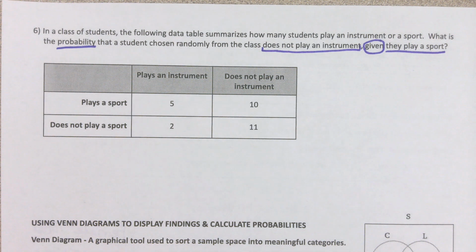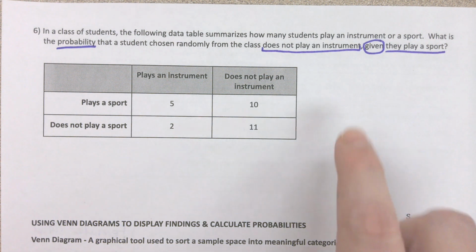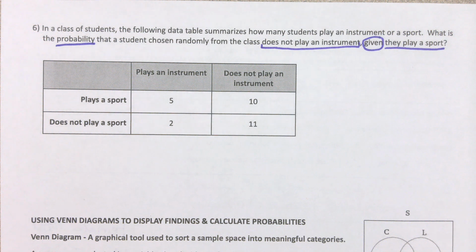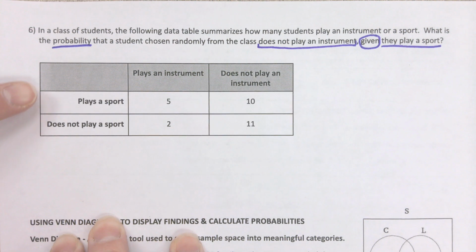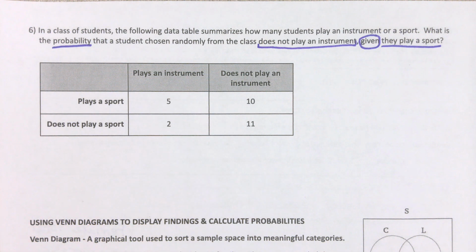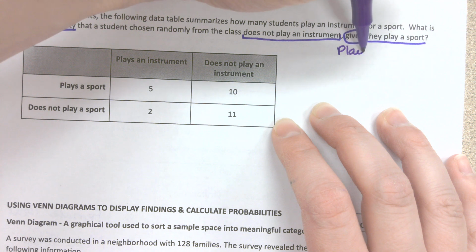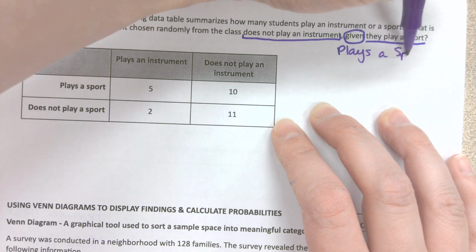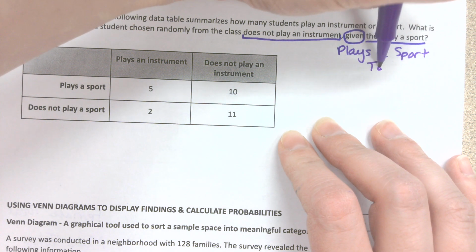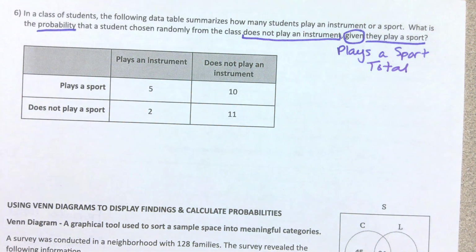Sometimes we'll put that information at the end of the sentence instead of the beginning, so keep an eye out for it. So that means this is our total. Given they play a sport, and just for context, let's look at those categories real quick. Plays a sport versus does not play a sport. So we're looking at plays a sport total. That's the number we care about in this problem.